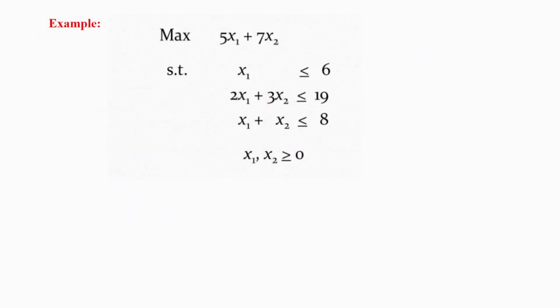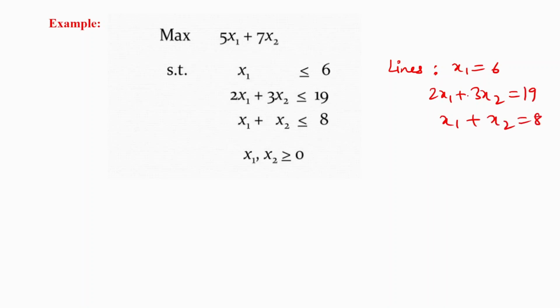So let us consider another example. In this again, it's of maximization type, and we have the 3 constraints plus the non-negativity constraint. So the first and foremost step is you will be plotting the lines x1 equal to 6, 2x1 plus 3x2 equal to 19, x1 plus x2 equal to 8.